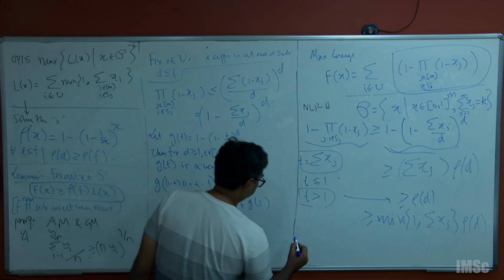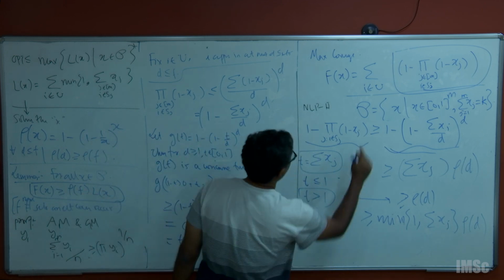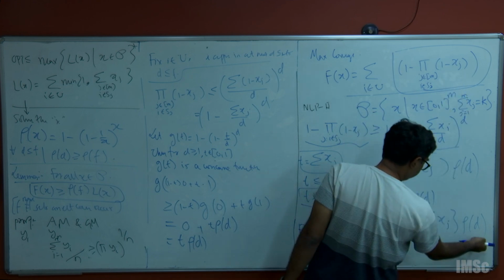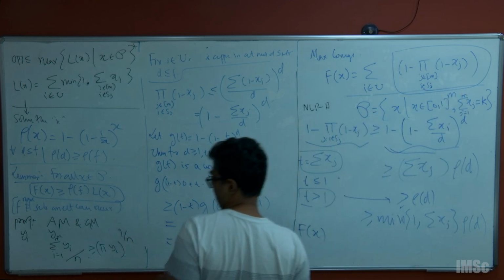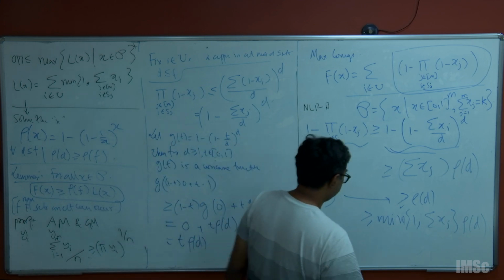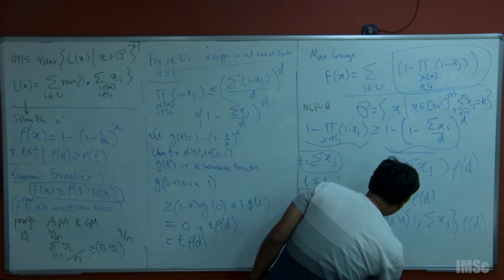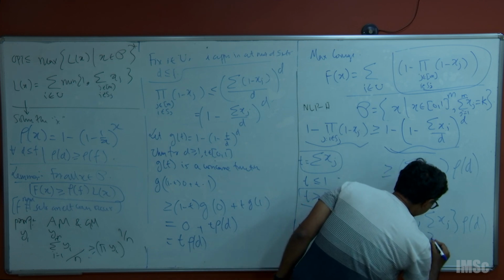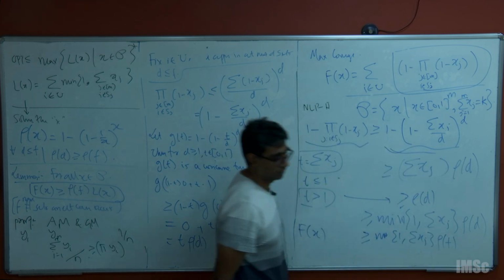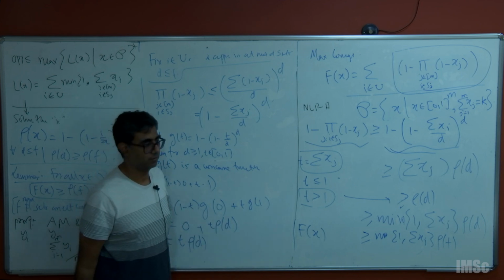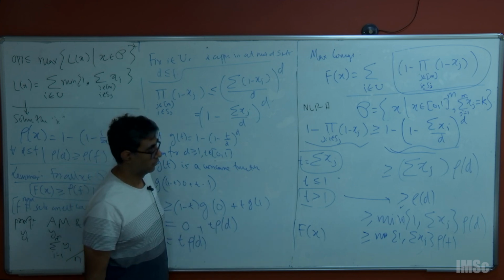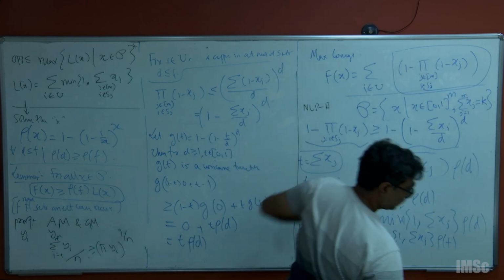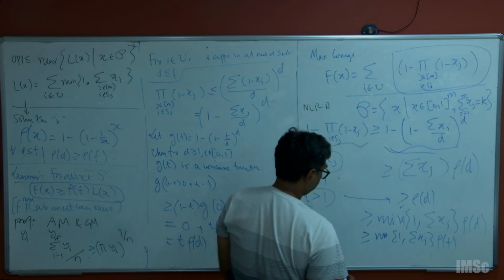So what is f of x now? f of x is the sum over each of this quantity. Now each of this quantity is at least this much, right? So we can say that min of 1 comma sum of x_j times rho_f. This we can definitely say, because rho_d is at least rho_f. So f of x is at least this term.